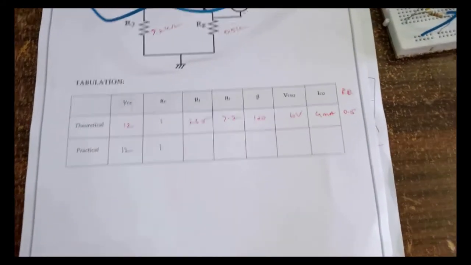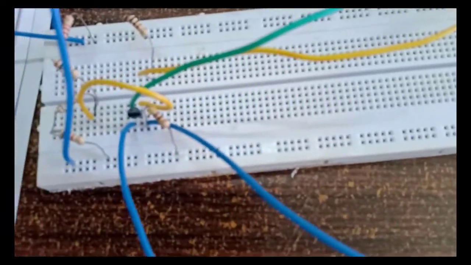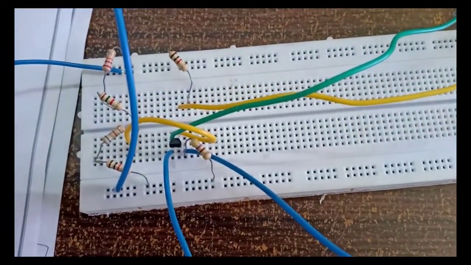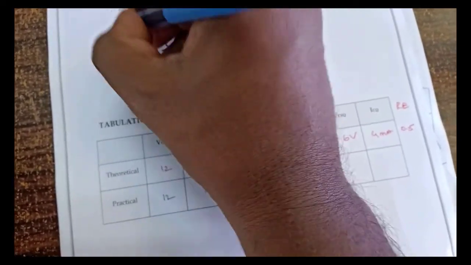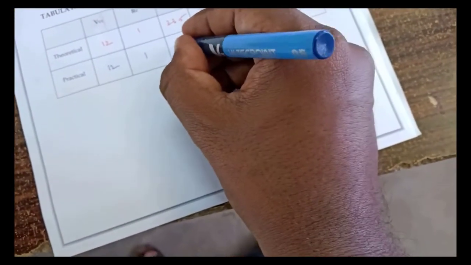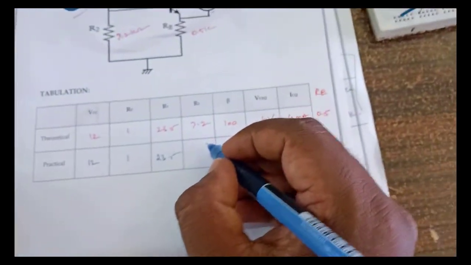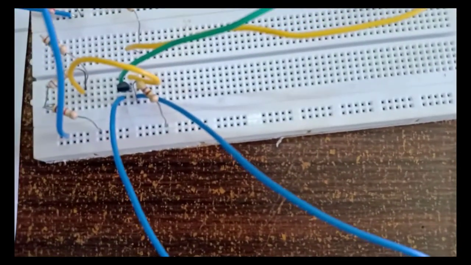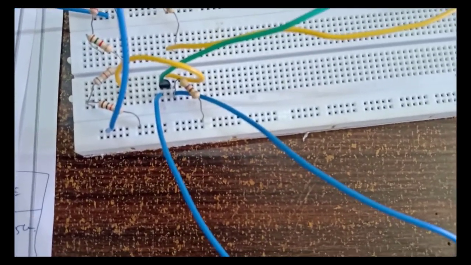Then R1 value is 23.5, so we put the resistances 22 kilo ohm and 1.5 kilo ohm, 22 plus 1.5, so 23.5. And R2, our design is 7.2. For that we have the resistances 6.5 plus 1 kilo ohm.